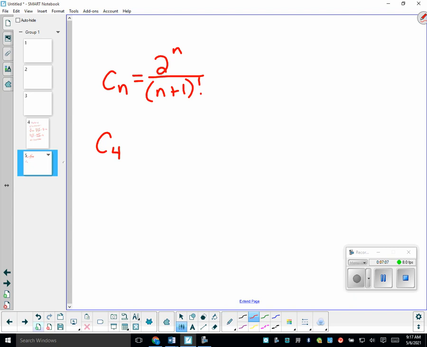What is n? 4. So do I actually have 2 to the 4th over 5 factorial? Is that what you're going to put in your calculator? Good. And what did you get? 215?